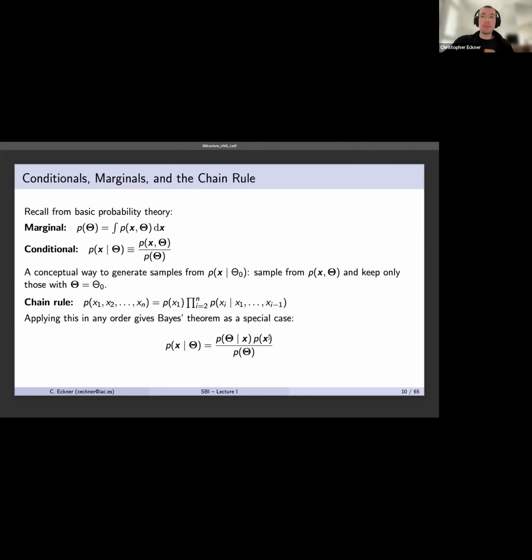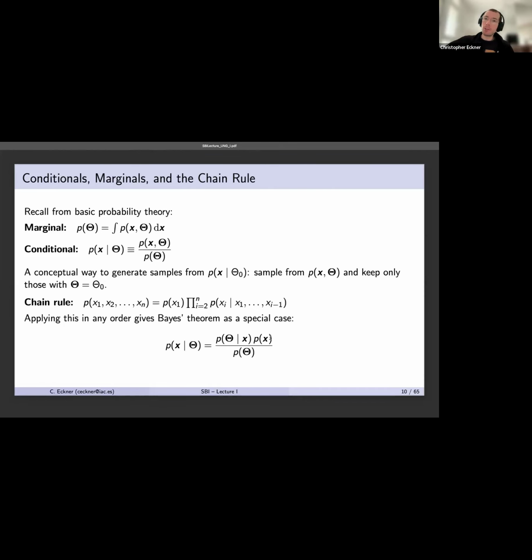The quantity p of x is the marginal if I integrate out all the parameter dependence of my joint probability distribution. What is this? Well, this is called the evidence. This is the evidence of the data. So basically, this is a model-dependent statement that tells me how likely is it to get this type of observation or data point in the first place if I disregard or just integrate out the dependence on my parameters.